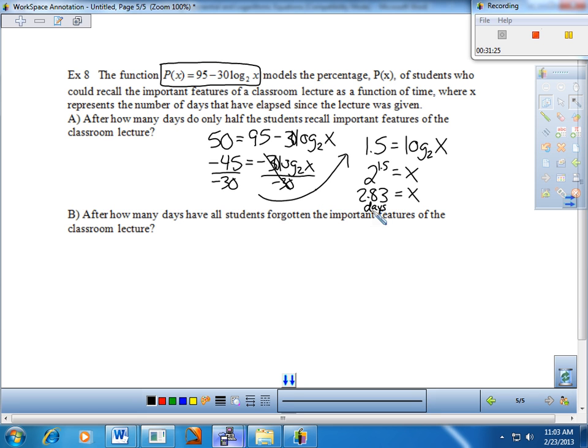Interesting. All right, well, if everybody's forgotten, that means the percentage who could recall it would be 0. So that's what we're looking for here. And we'll see how true to form this is. Let's figure out how many days. Same deal. Bring over the 95.